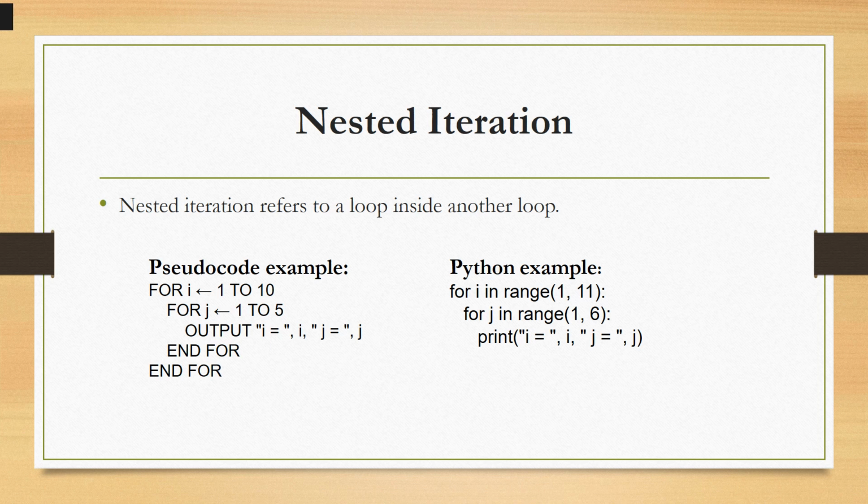Nested iteration refers to a loop inside another loop, right? As you can see in this statement, for i from 1 to 10, the outer loop will run from 1 to 10, and inside it the inner loop will run for j from 1 to 5.